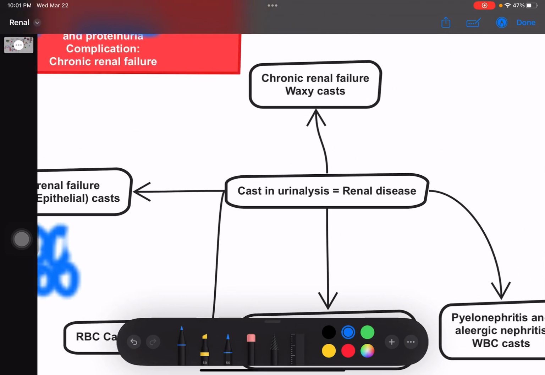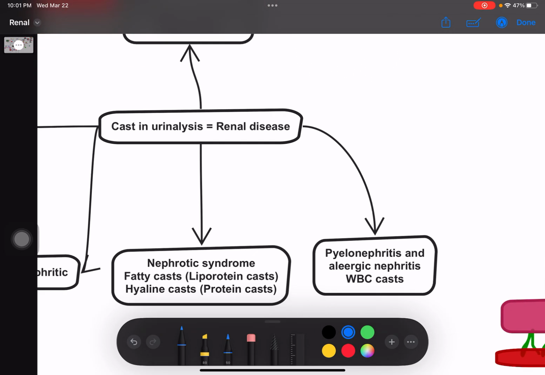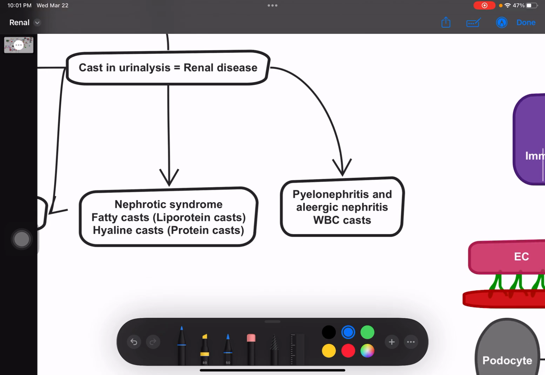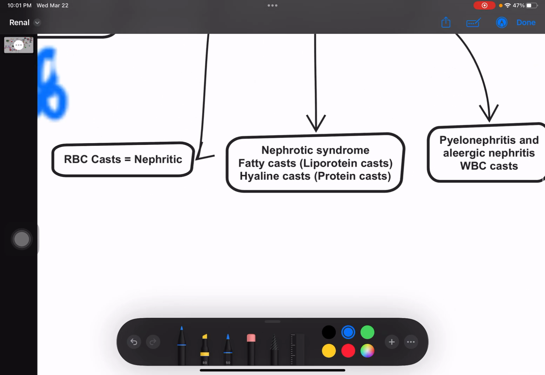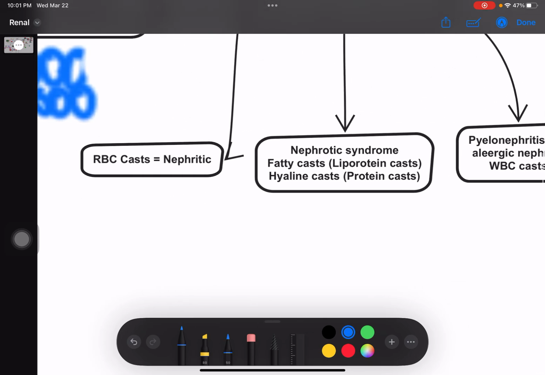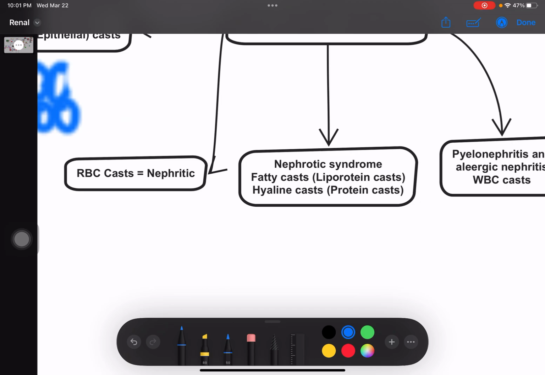In chronic renal failure, we have waxy casts. In pyelonephritis and allergic nephritis, we have white blood cell casts, so it's logical. There are white blood cells in allergic reactions and also in bacterial infection. In nephrotic syndrome, we have fatty casts, as there's a lot of lipoprotein getting filtered into the urine, so we're going to have an accumulation of lipoproteins in the urine.